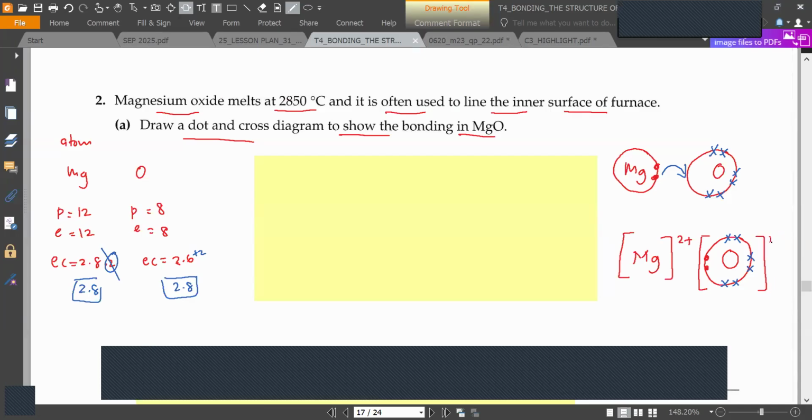So the charge is 2-, because it received 2 electrons. So that is the idea, and basically this is the answer.